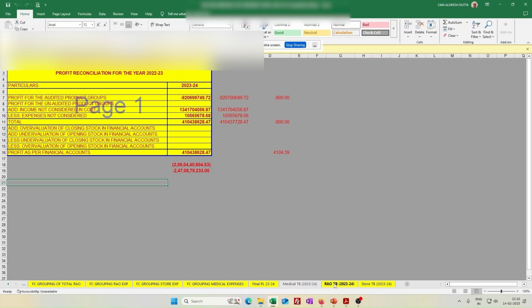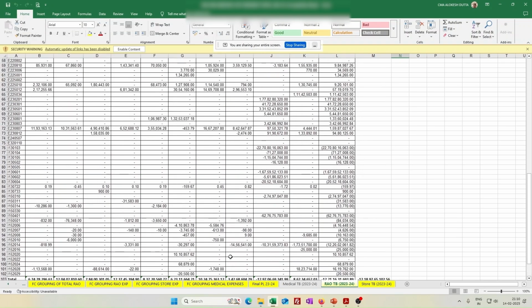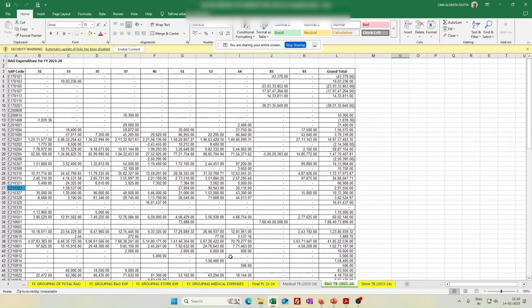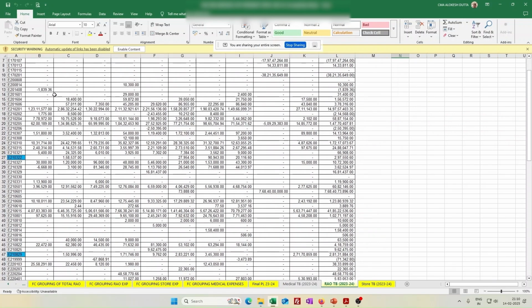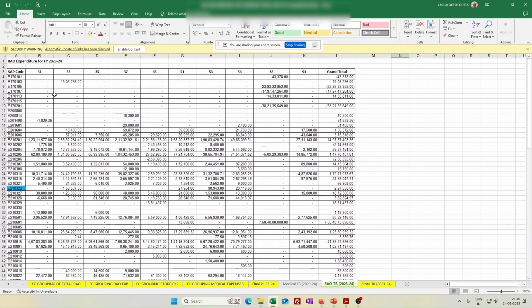In distribution companies, regional accounts officer wise data is kept. Here is the trial balance which you have to convert into lakhs, eliminating the assets and liability code. This is the data and this is the cost center.